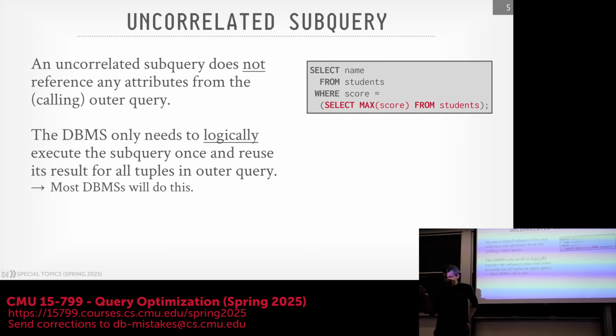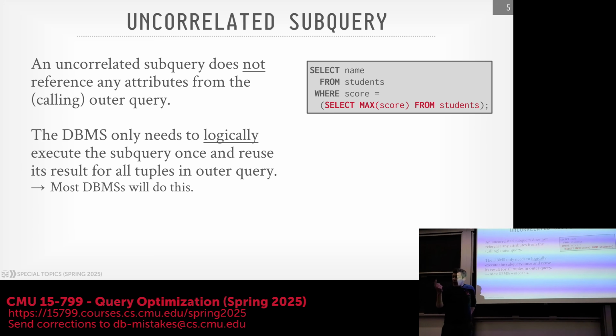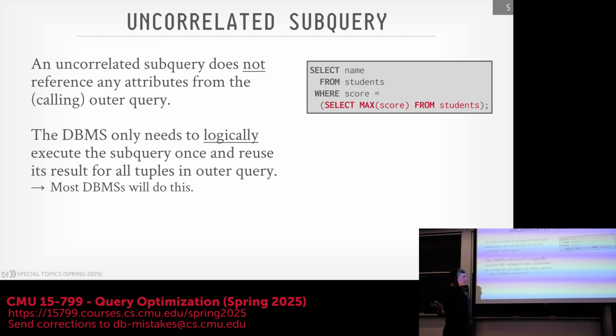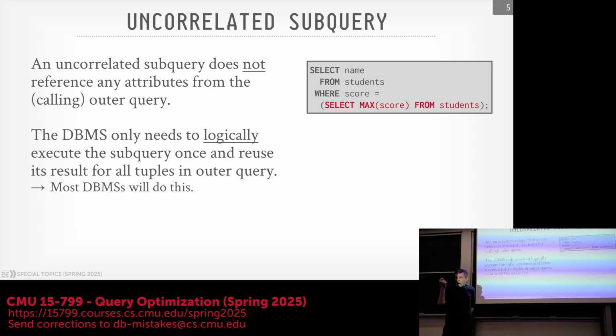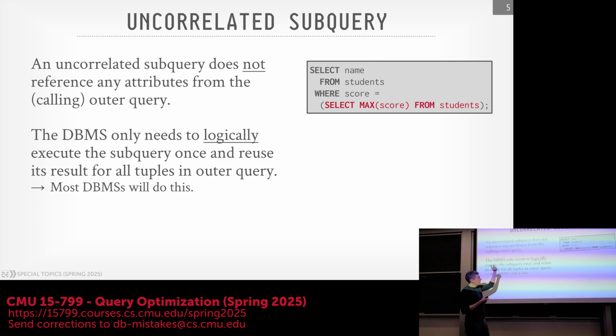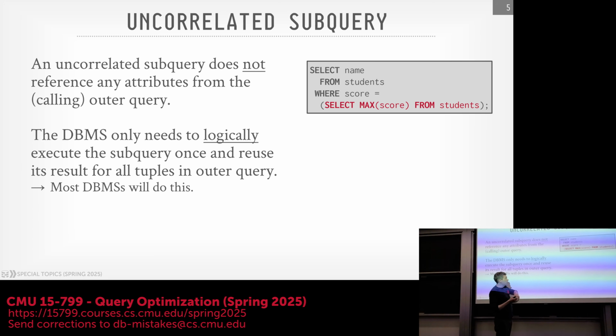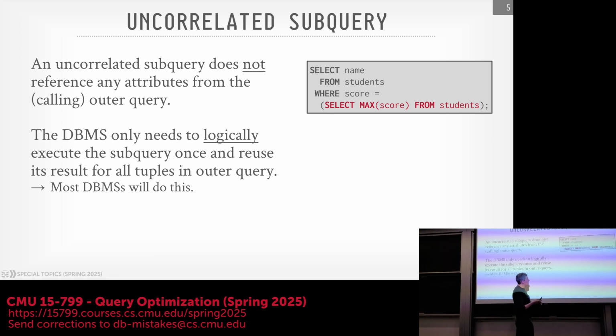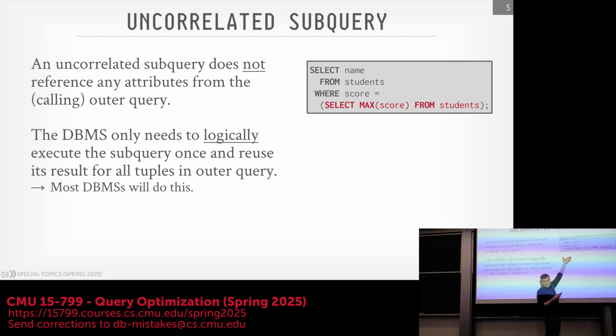Uncorrelated subqueries are when you have an inner query that doesn't depend on any attributes or data from the outer calling query, right? In this case, I'm doing a select statement, select name from students where their score is the max score of all the students.